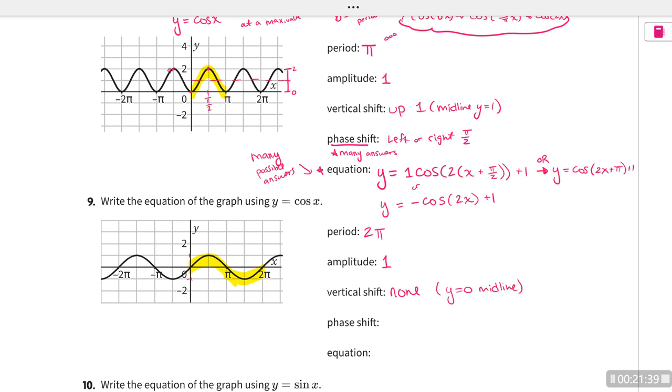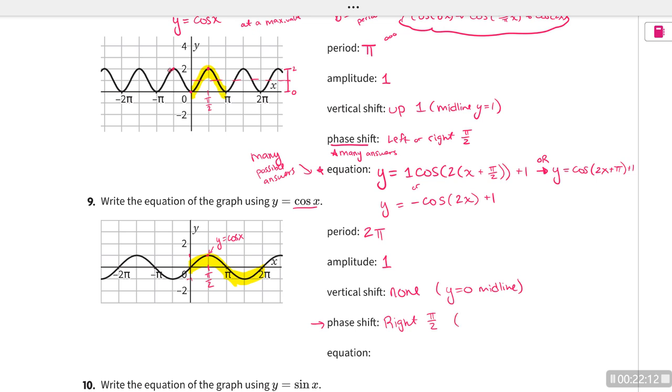Phase shift, again: cosine is actually starting where sine would normally start. Since we're dealing with cosine, we want cosine to be the top. We want a quarter of this period, so pi over 2. This time I'm going to specifically say right pi over 2, because this would be one of the maximums, right? For y equals cosine of x, that point is right pi over 2.